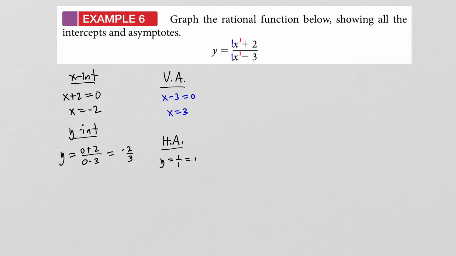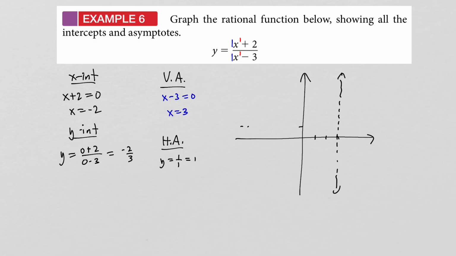And now we're just going to sketch this graph. Vertical asymptote is x equals 3. It's right here. Horizontal asymptote is y equals 1, which is right there. We have an x-intercept of x equals negative 2.